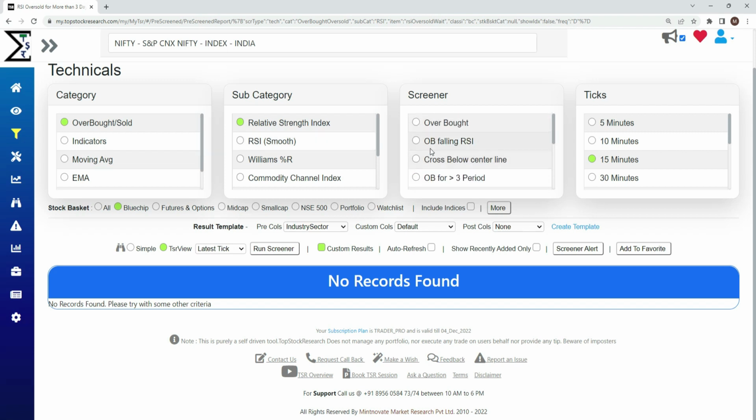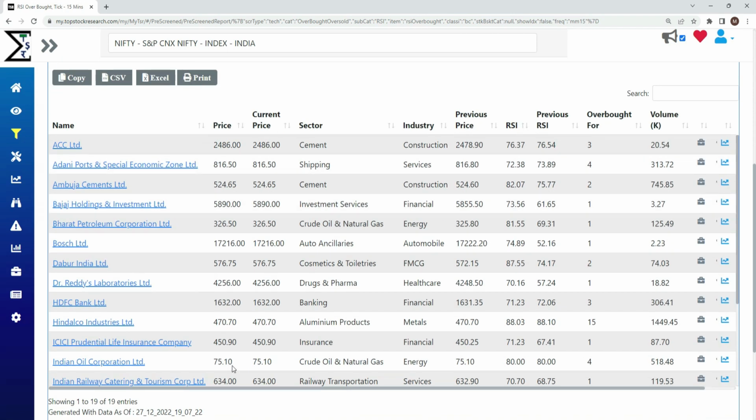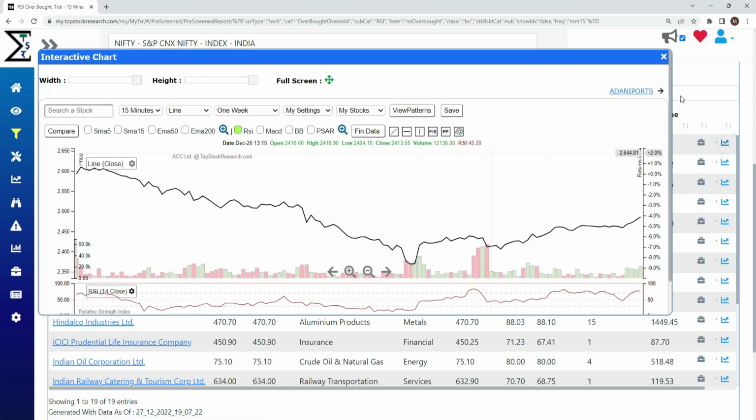Let's see in overbought range if there is any stock on the 15. You'll find there are quite a few, about 19 stocks out of 500, which are in overbought range on the 15-minute tick. When you look at these stocks on a 15-minute tick, you'll see that they are in the overbought territory.